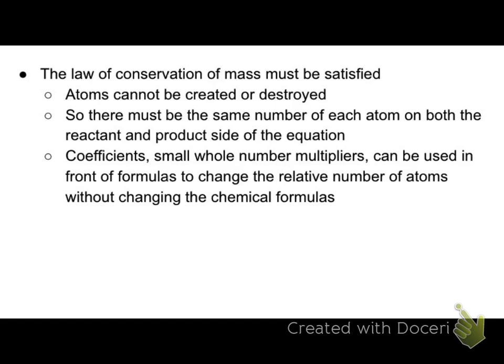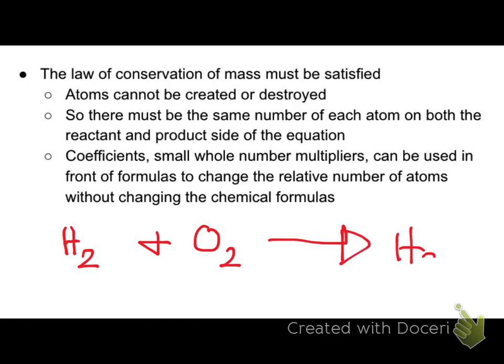So let's say, for example, that I'm reacting hydrogen gas, which we just learned is diatomic, so it would be H2, with oxygen gas, O2, to yield water. Currently, this is not correct, right? Because I have more oxygen on one side of the equation than I do on the other.